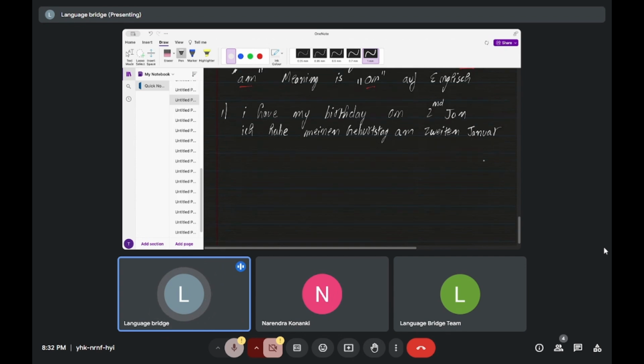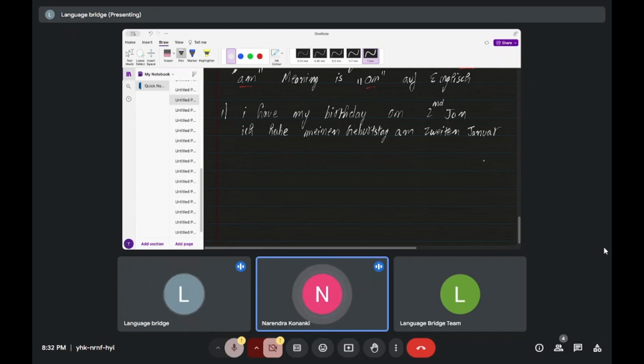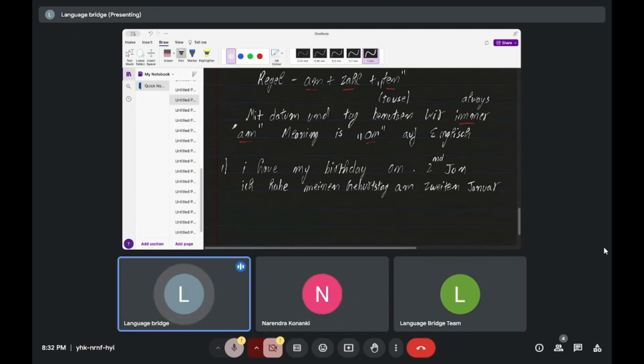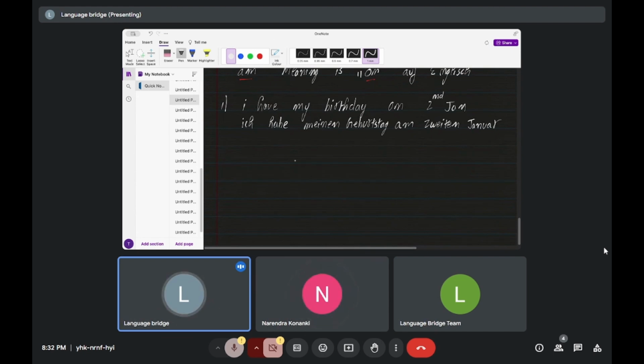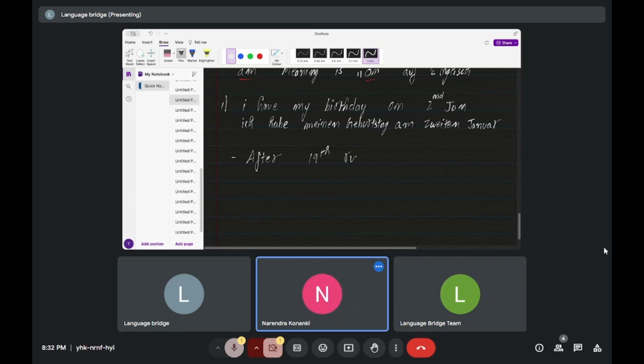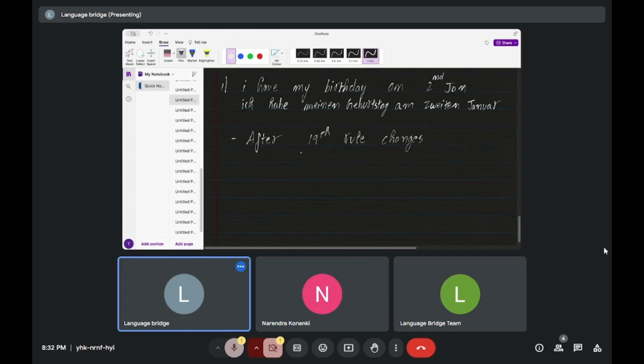But after 19, the rule changes. We use "-te" only until 19. After 19, there is a new rule that you have to follow: you have to add "-ste".